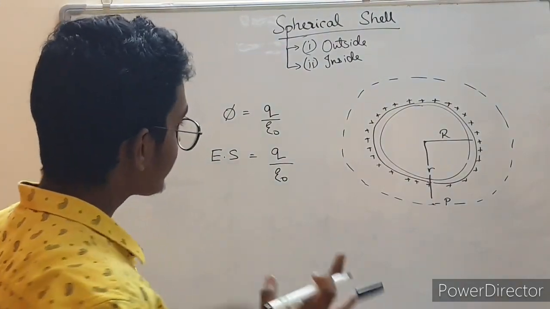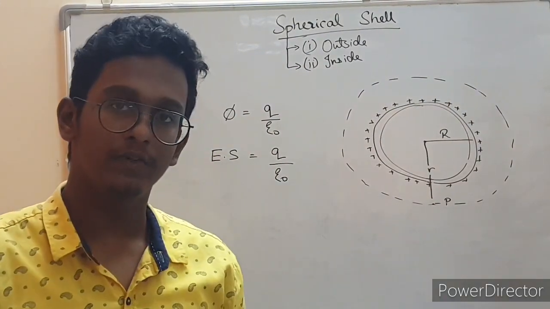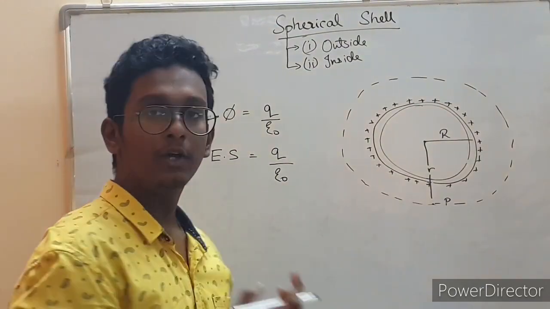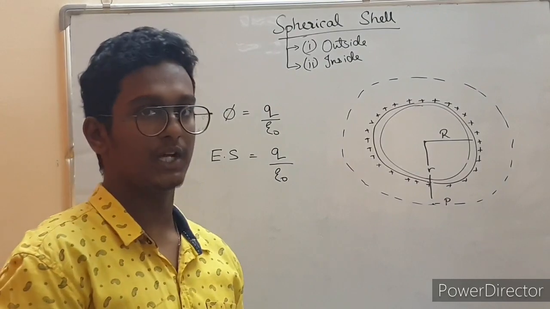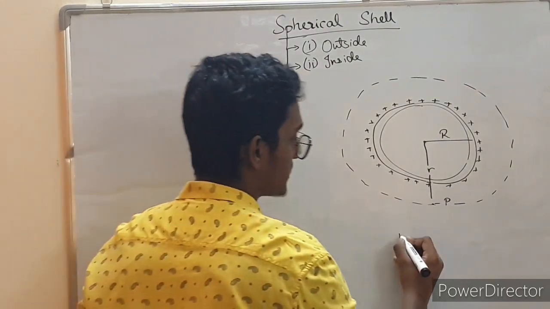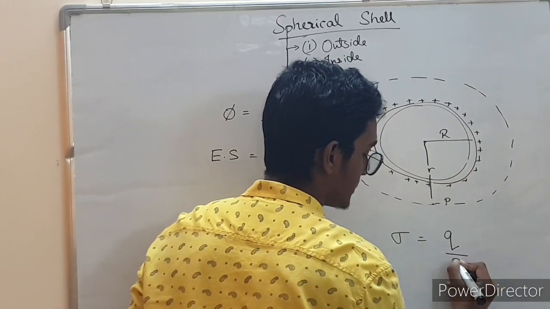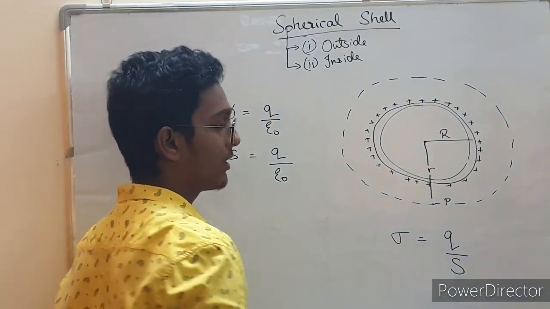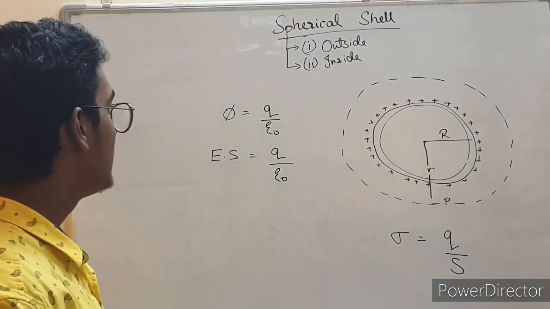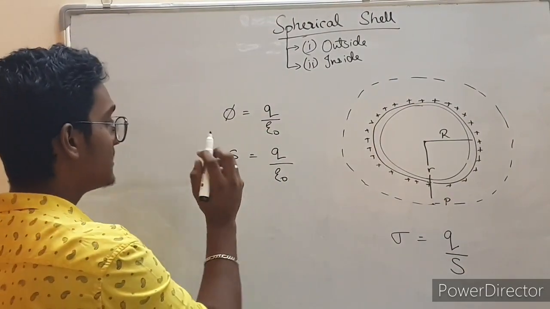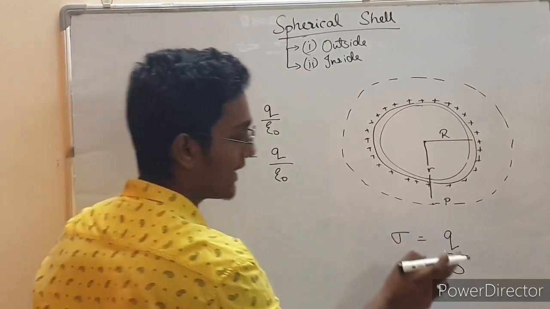Now, what is the charge enclosed within the Gaussian surface? In this case, we are again going to use the concept of surface charge densities. Surface charge density is the total charge enclosed divided by the surface area. But here we need to make a clear distinction: this is not the same surface area as in this formula.